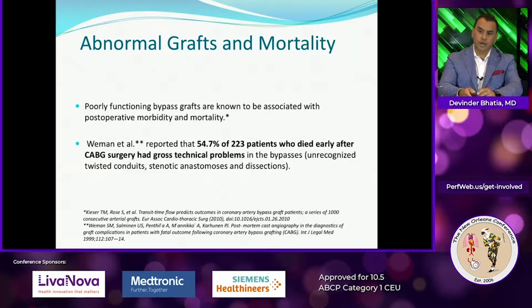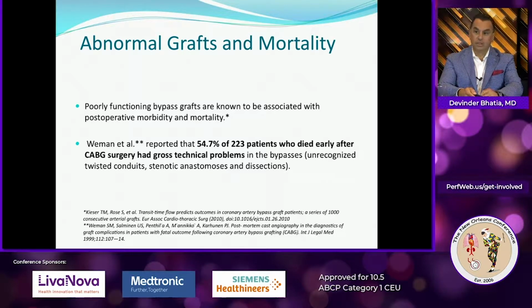So we talked a little bit about mortality associated with abnormal grafts, and we know that poorly functioning bypass grafts are known to be associated with morbidity and mortality. And that study was done from women, where 54.7% of the 223 patients who died in the immediate post-op period had a gross technical problem.